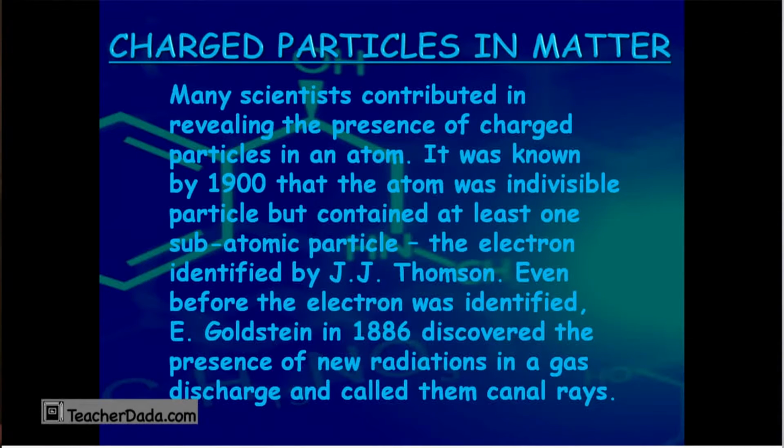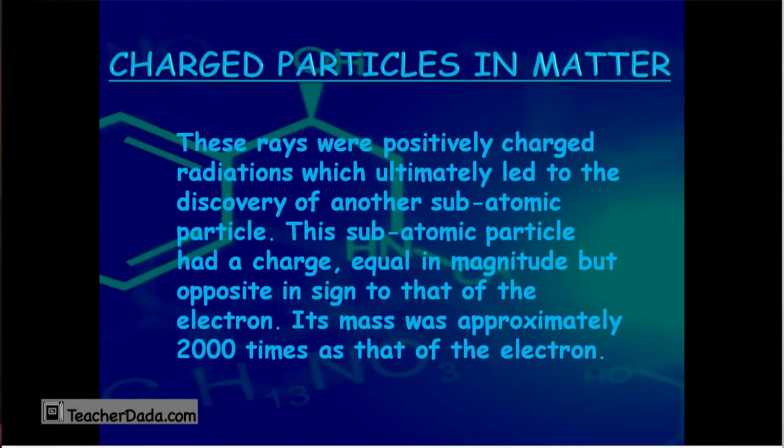Even before the electron was identified, the scientist E. Goldstein in 1886 discovered the presence of new radiations in a gas discharge tube and called them canal rays. These rays were positively charged radiations, which ultimately led to the discovery of another subatomic particle. This subatomic particle had a charge equal in magnitude but opposite to an electron, that means a positively charged particle.